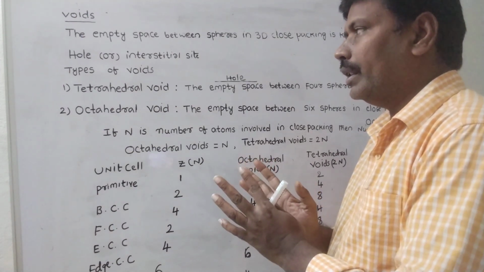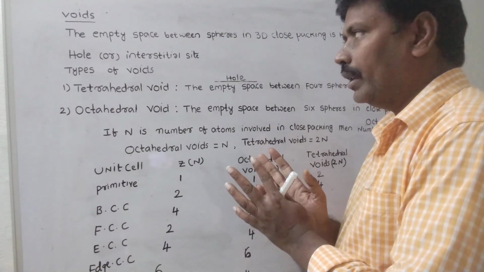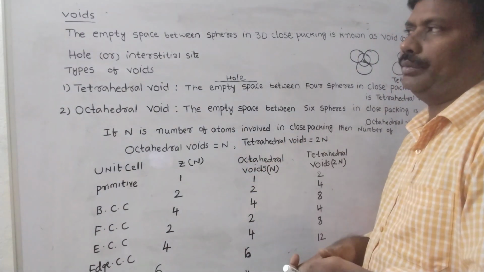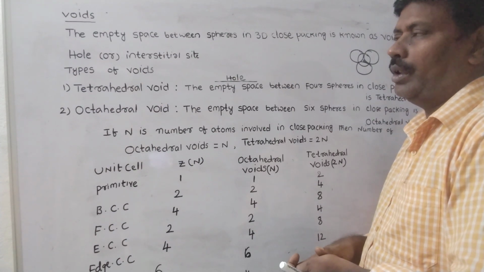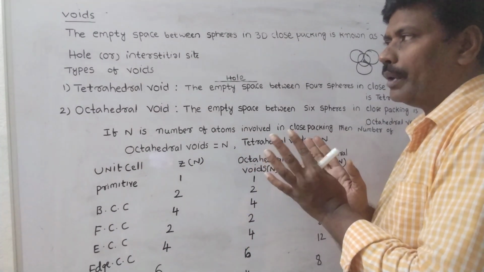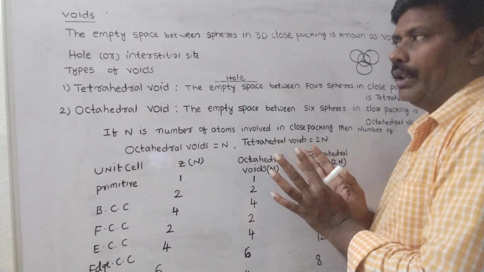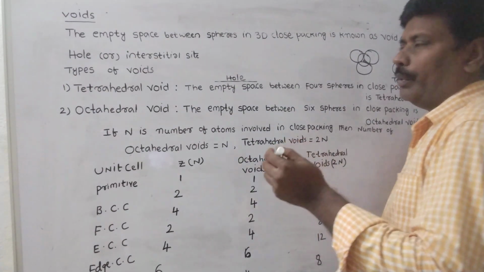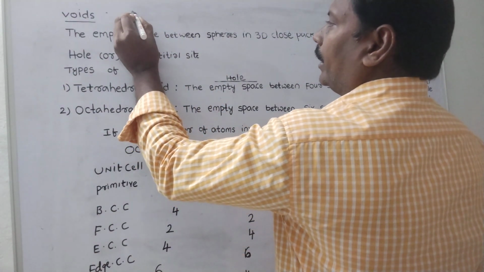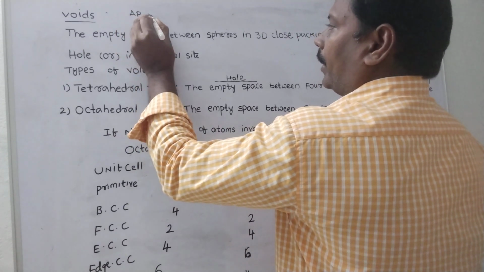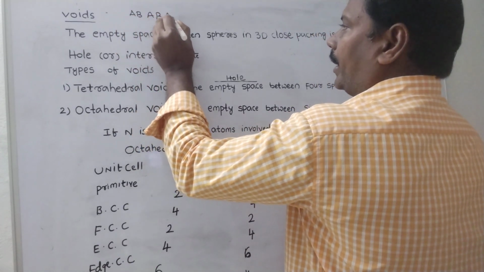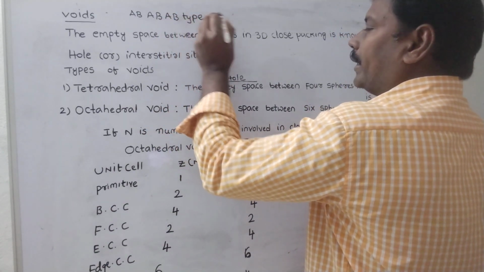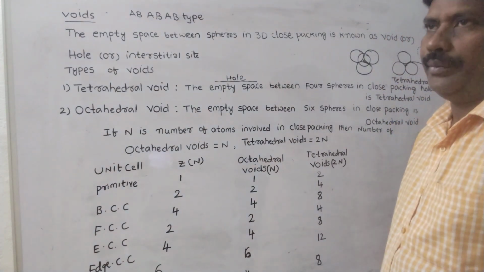Particularly, the three-dimensional close packing is formed from two-dimensional hexagonal close packing, the AB type. In AB type close packing, two types of voids are observed.